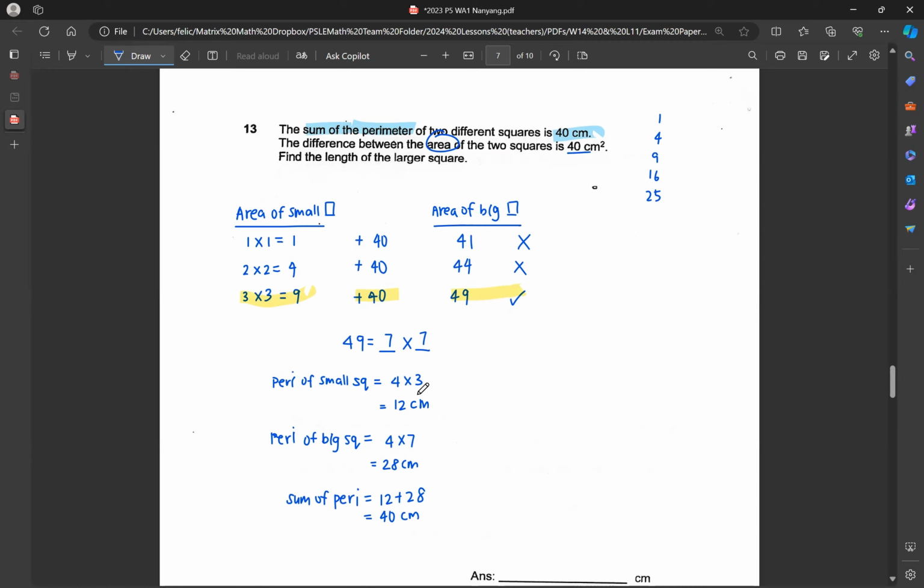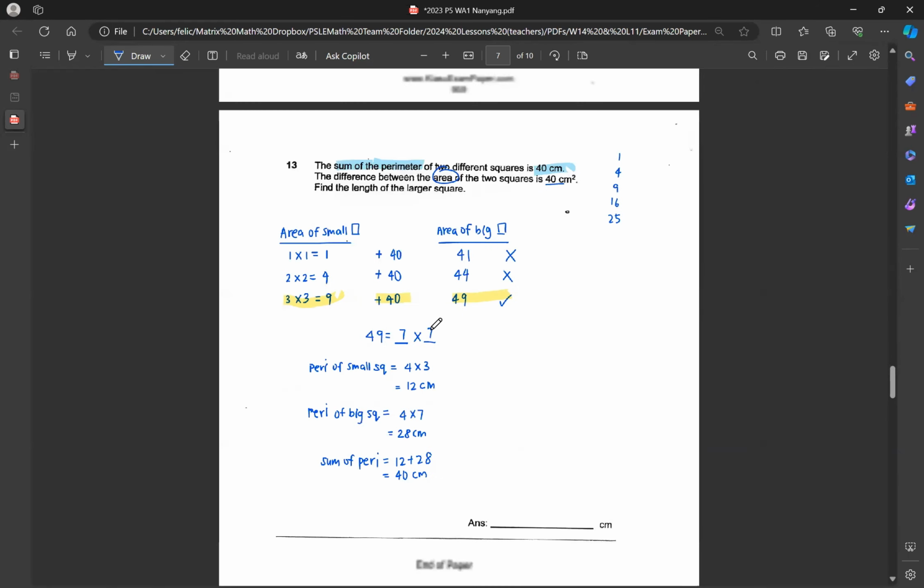So whatever we have tested out, the sum of perimeters fulfills the condition of 40 cm. And yes, the difference between the areas, 40 cm squared, we also fulfilled by doing our test here. So that means the length of the larger square, indeed, will be 7 cm. So our answer would be 7 cm.